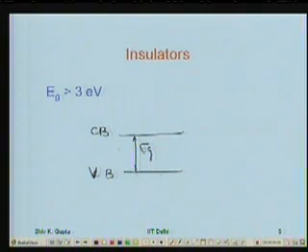The moment it is greater than 3 electron volts, the electrons from here will not be excited to reach there, and once they don't reach, they do not conduct. There are no energy levels available for them to get excited to so that they can do the conduction. These are insulators, like oxides and diamond, and these materials do not conduct.